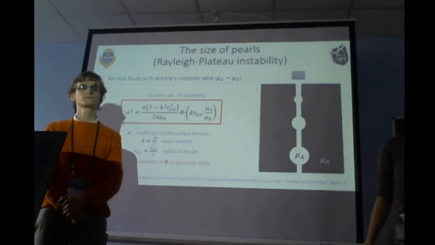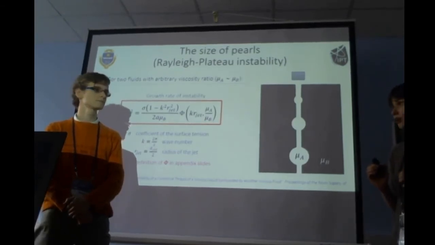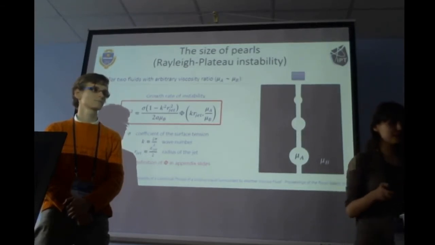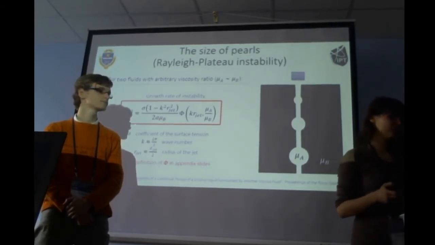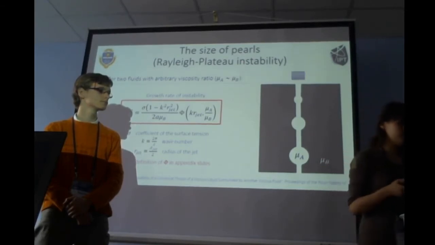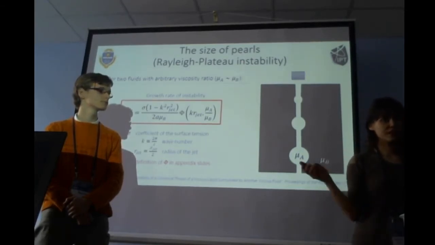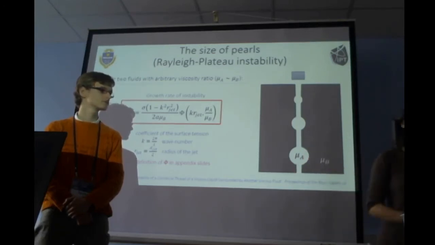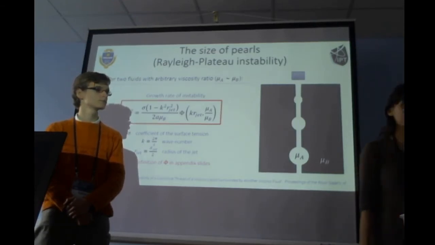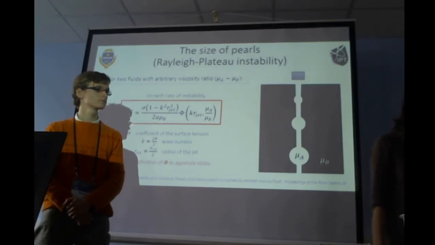I would like to thank the opponent and the reviewer for a quite interesting and hot discussion. I think that I would like to answer the question because I think it's very relevant. In the video of the IPT side, we can see that the pearls appear because there are initial disturbances caused by the ejection.